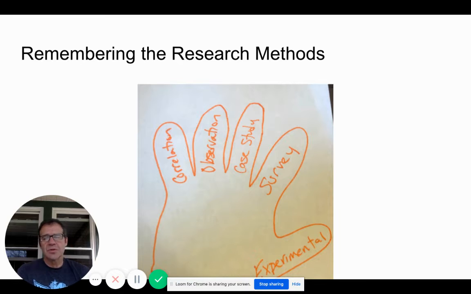Our first unit is about research. Everything in psychology is grounded in research. This isn't just some old guy who comes up with an idea and people think, oh, that sounds right. That might be right. The information that we're going to talk about this semester is grounded in research, replicated many times over.